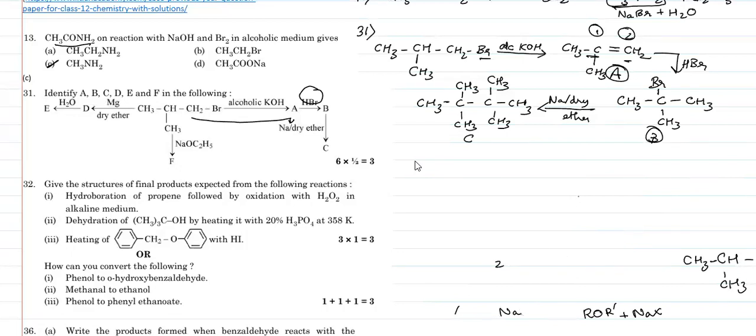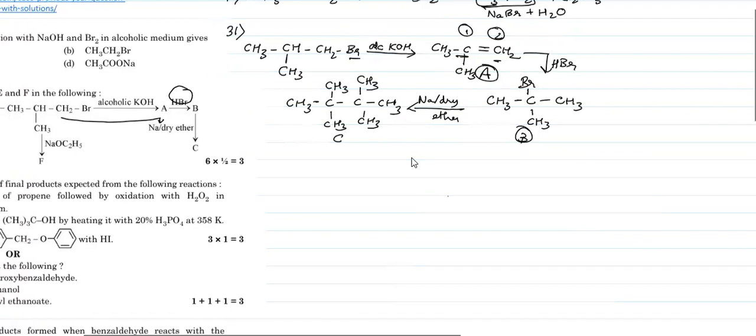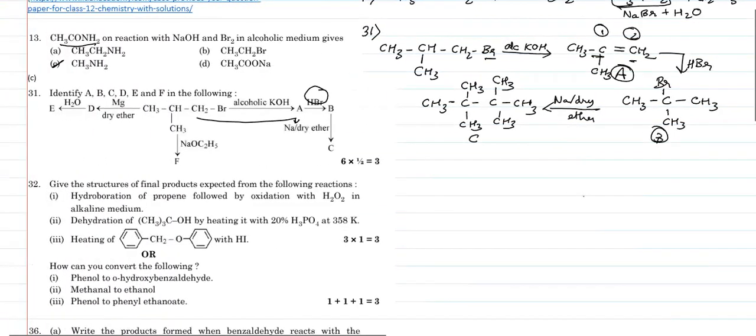So we need to give the structure of the final products which are formed when hydroboration of propene is followed by oxidation with H2O2.